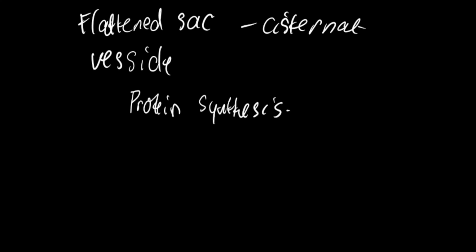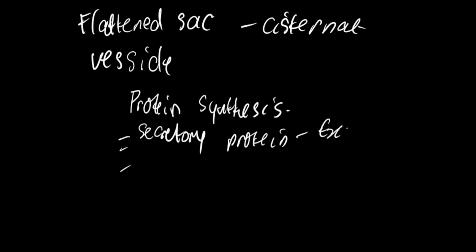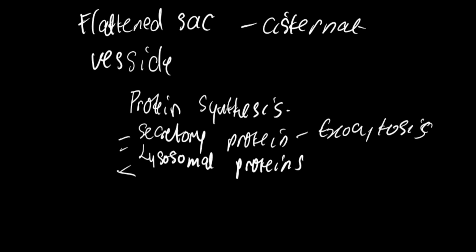Now, these proteins that are synthesized by the rough endoplasmic reticulum, of course, we have different classes of proteins. Of the proteins synthesized, we have secretory proteins. These proteins are taken out of the cell by exocytosis. We have lysosomal proteins, and we also have some membrane proteins being produced by the rough endoplasmic reticulum.